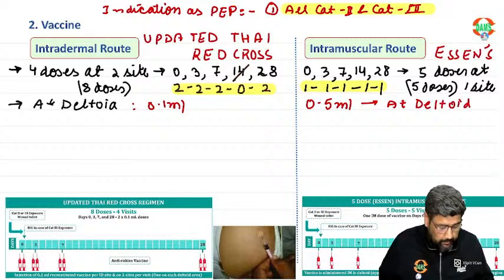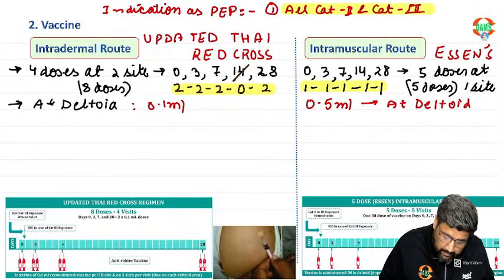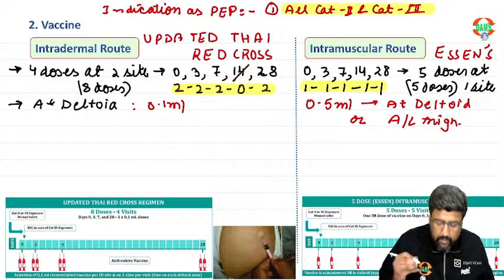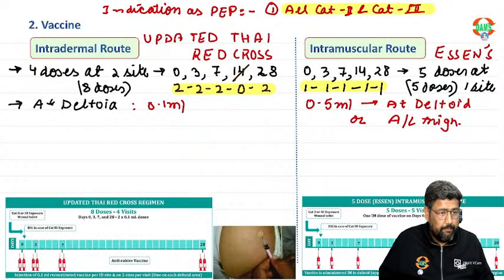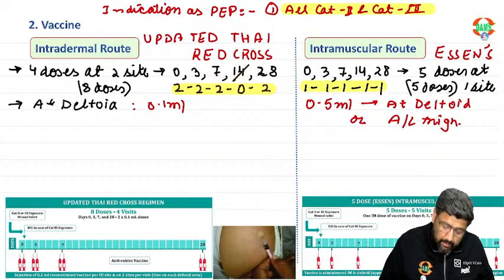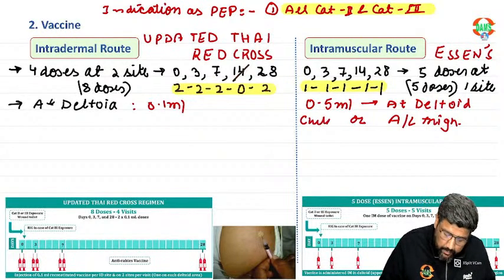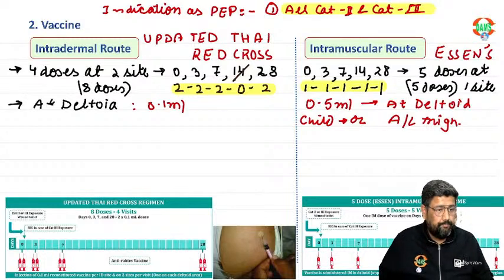Now, if you have a child, you can also give anterolateral thigh, right? If the patient is a child, anterolateral thigh may be given. So here I am writing child.